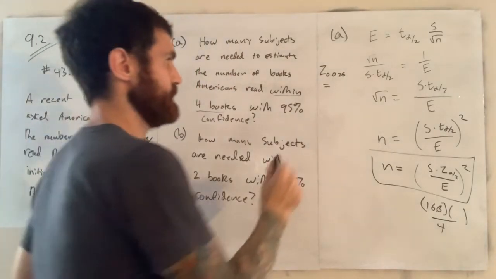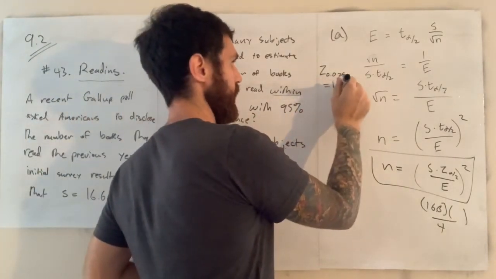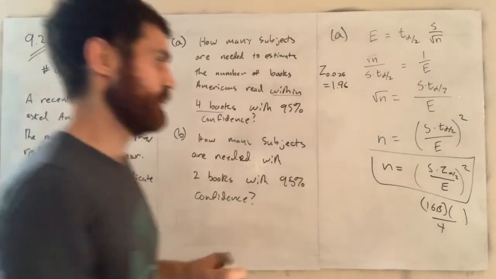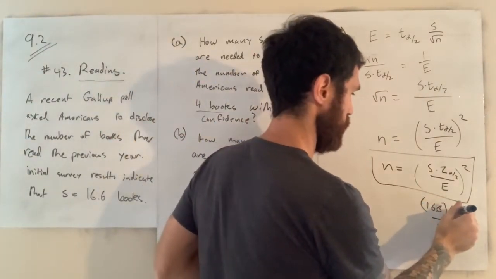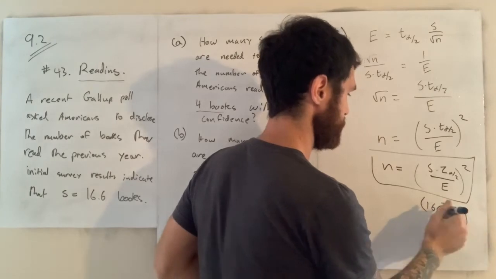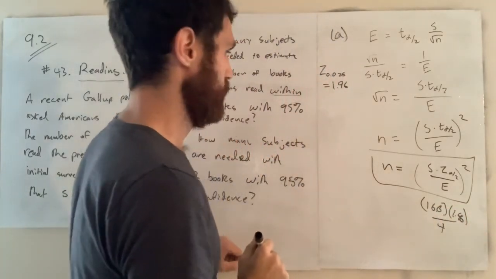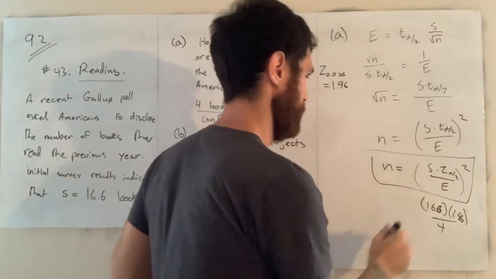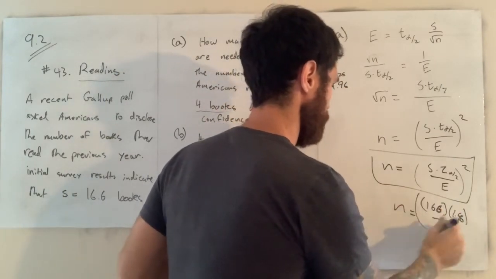Remember, that's 1.96. We used that last time. And so we're going to use 1.96, and that's going to be your n once you square it.